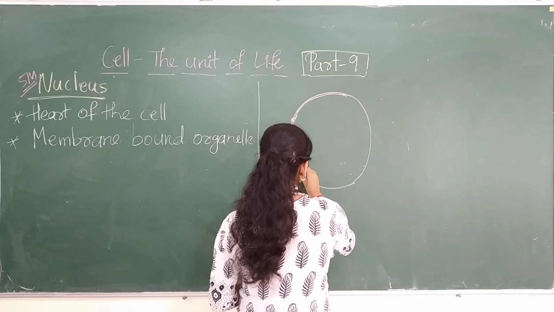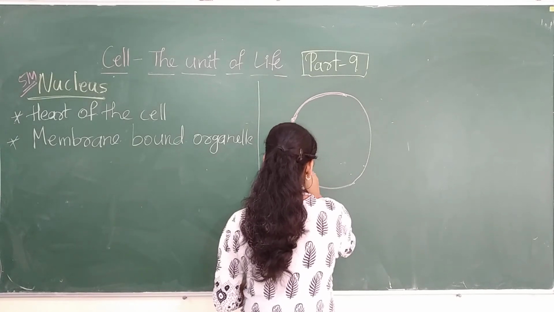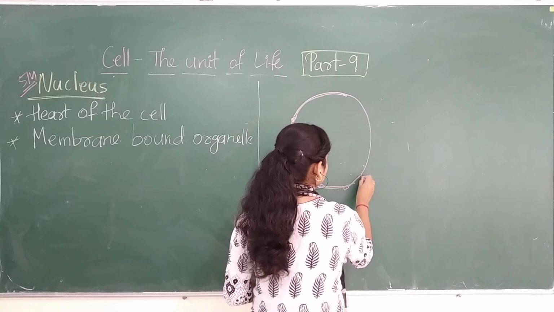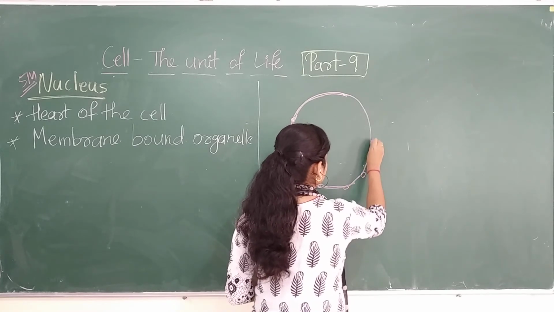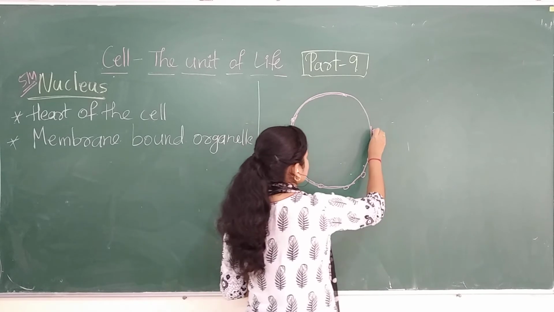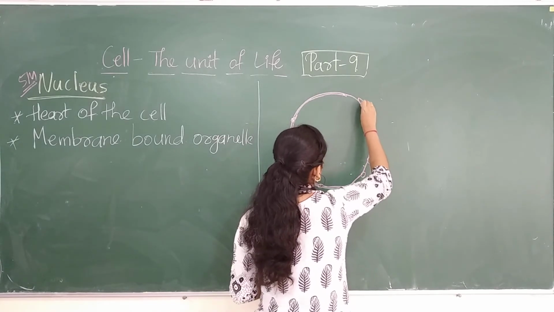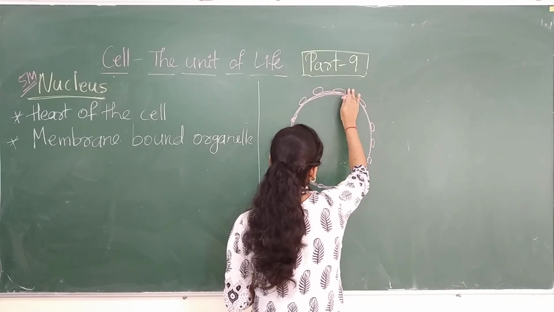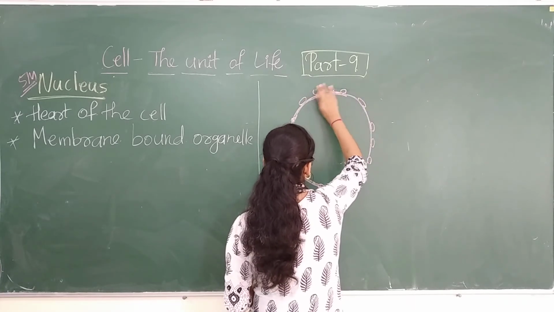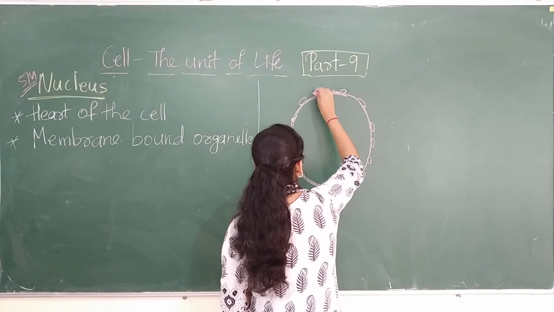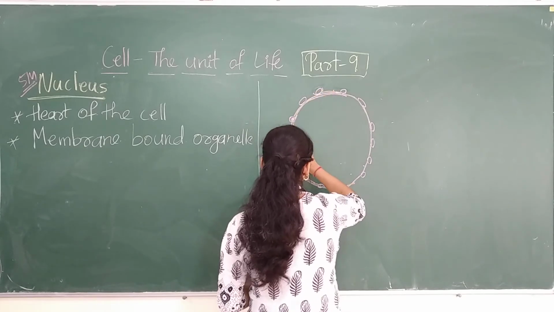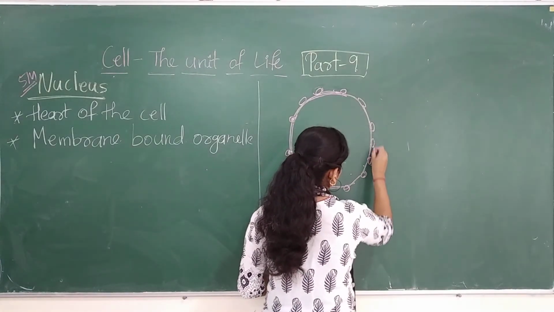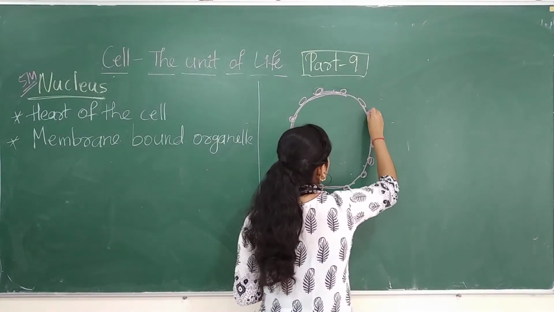So tell me the parts of the nucleus. Here, no cytoplasm. I am not drawing the cell. First have that clarification. Even though it is looking like a cell, it is not a cell. I am drawing the nucleus. DNA.